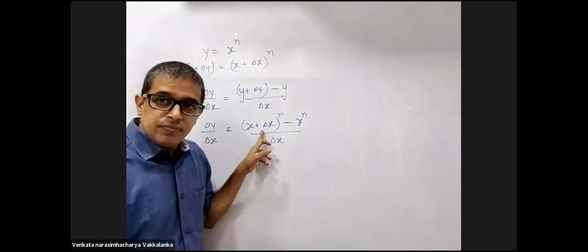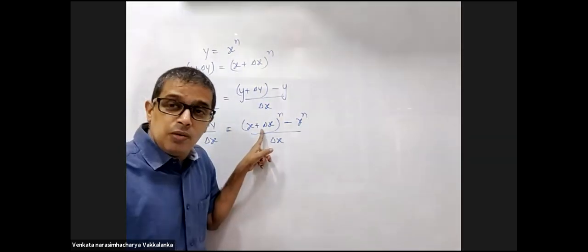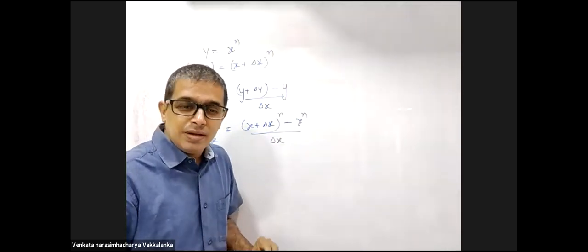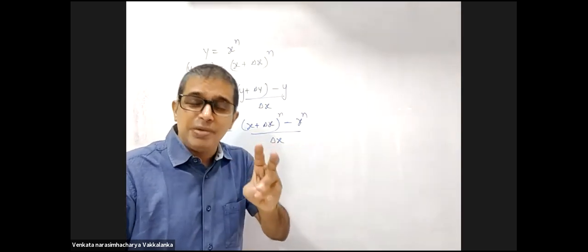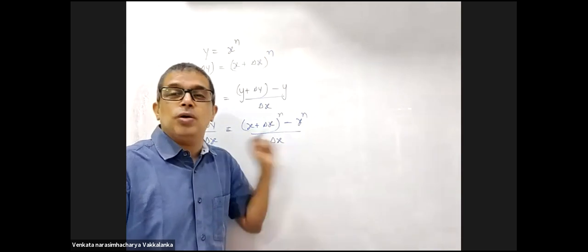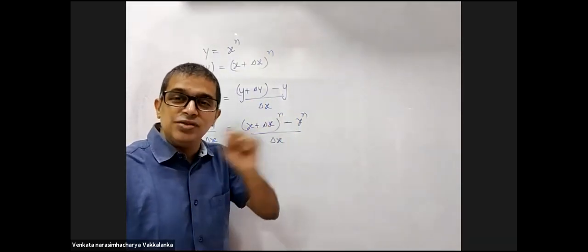Now here, in the chapter binomial theorem, this formula will be taught to you: a plus b to the power n. Arre, binomial theorem you teach it, it's just one step. First permutations will be taught, then combinations, then binomial theorem can be taught because they use nC1, nC2, and so on.